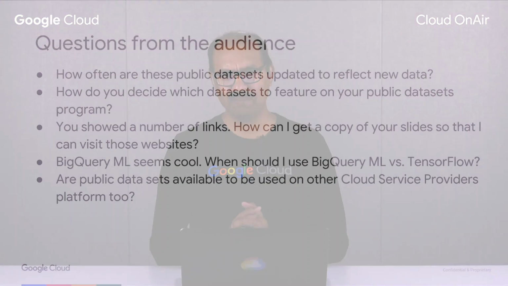So the answer to how often are these public data sets updated is that we try to keep them as up to date as we can. Some data sets like the zip codes data set, we might update once a year, the utility data sets. But for the most part, as a rule of thumb, the public data sets are as up to date as the provider of the public data sets allows us to be.